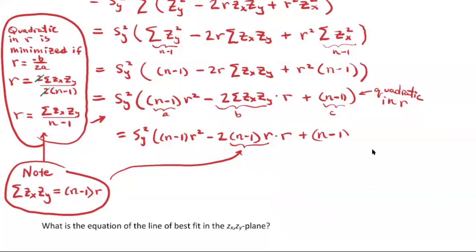And it doesn't take a genius to see that there's a bunch of n minus 1's here. So I probably want to factor n minus 1 out. Okay, so if I factor the n minus 1 out, I'll have an sy squared times n minus 1 out front. And inside you have an r squared minus 2r squared plus 1.